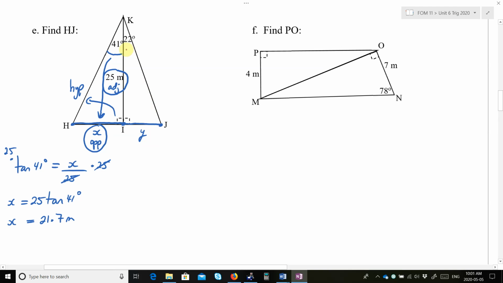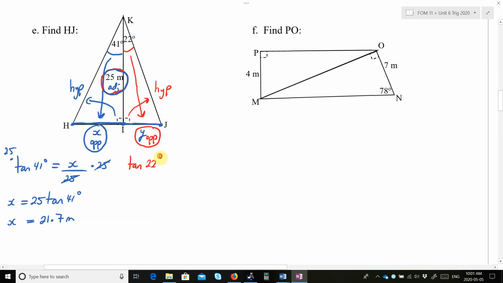And then in the other triangle, we have the 22-degree angle. Right across from it is the opposite. The hypotenuse is across from the 90, and beside the 22-degree angle is the adjacent. So again, it's opposite and adjacent.